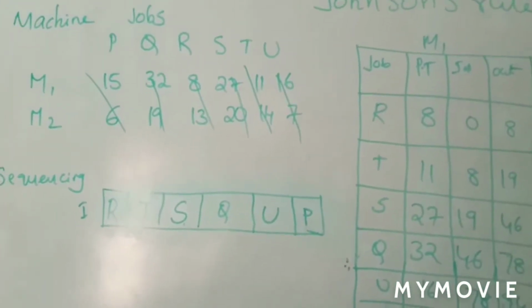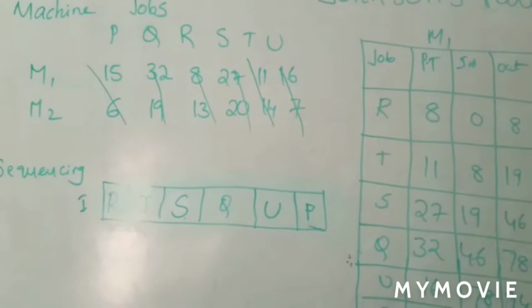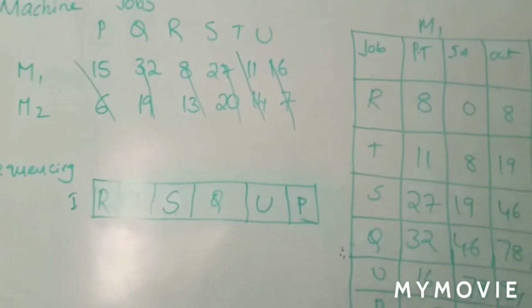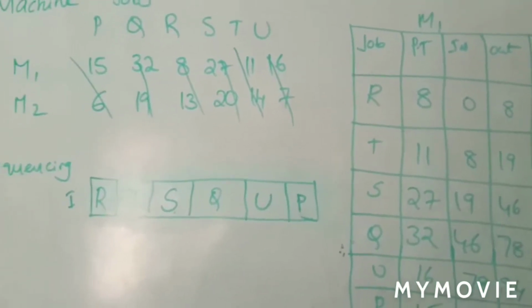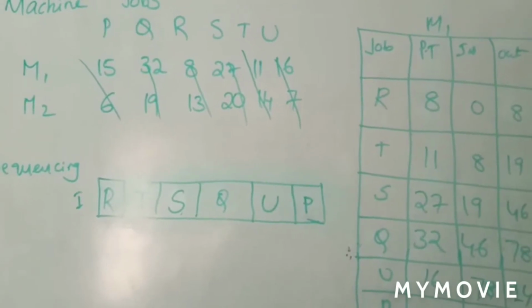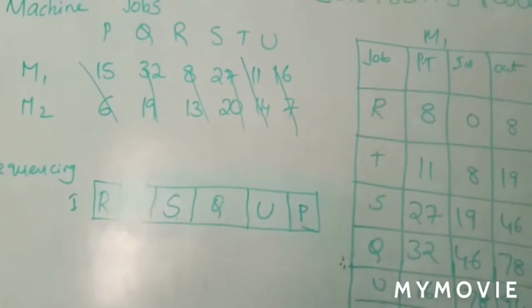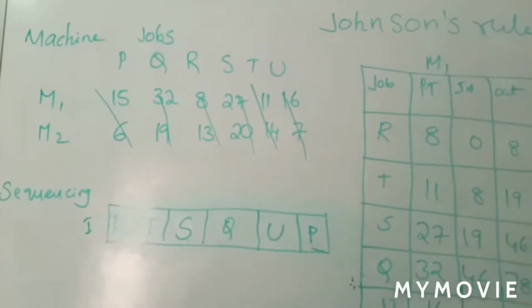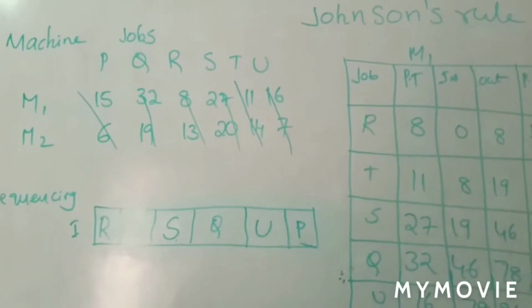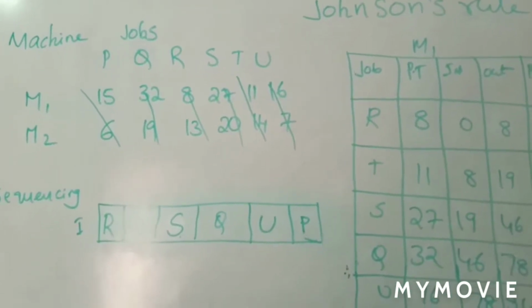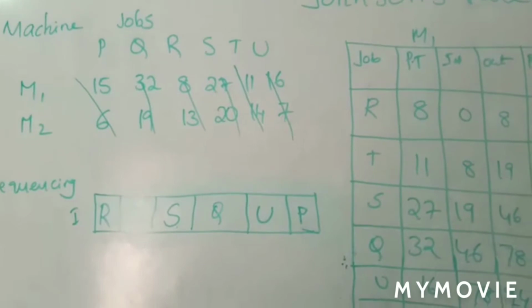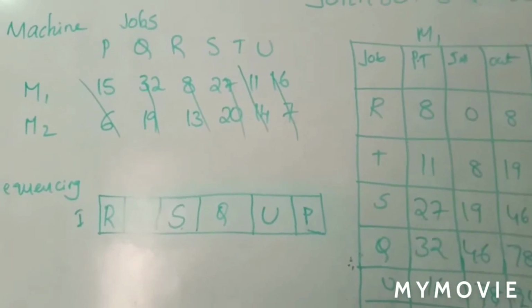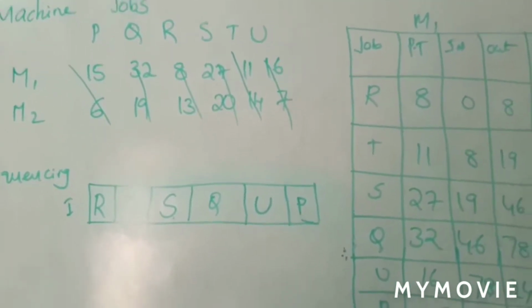Next, what is the least processing time for machine 1 and machine 2? Whenever one is completed, please strike it off, then it is easier to understand. The next least one is 8, that is job R. R is simply filled on the left-hand side and struck off.